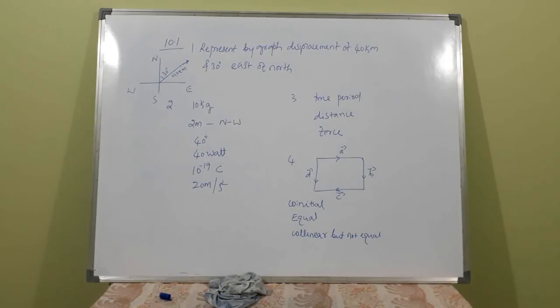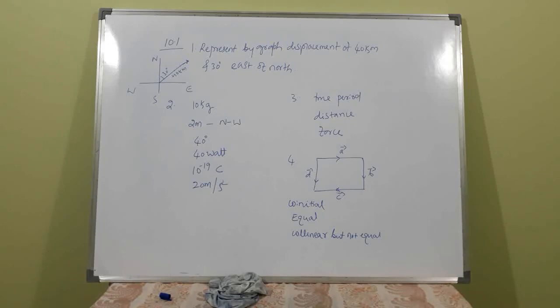Third question: again you have to identify scalar and vector quantities. Time period is a scalar quantity and distance is a scalar quantity. Force is a vector quantity, it has direction.